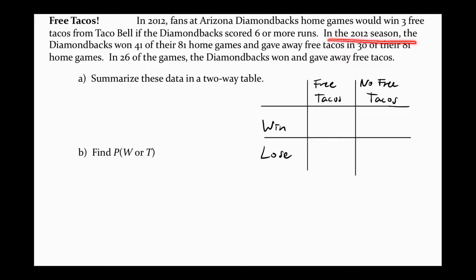They said the Diamondbacks won 41 of their 81 home games. So I know that they had 81 total. So we need to have totals here. When you're doing two-way tables, you also need to have a totals category.